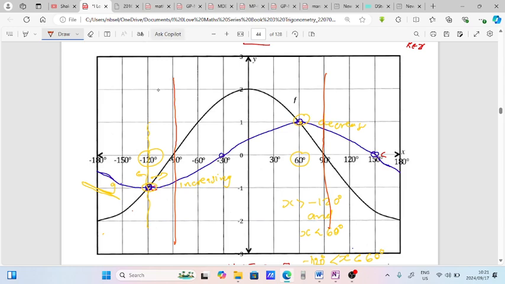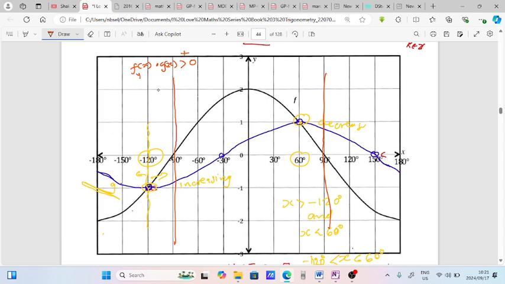They are saying that when you multiply f of x by g of x, the result must be greater than 0, so it must be positive.